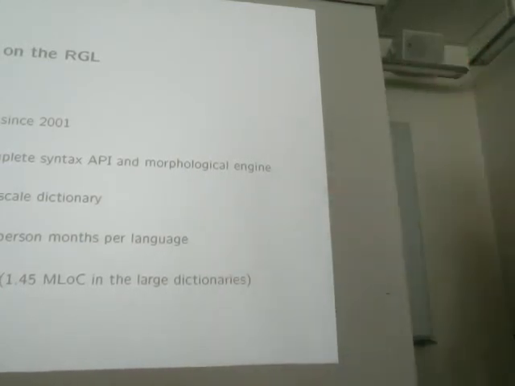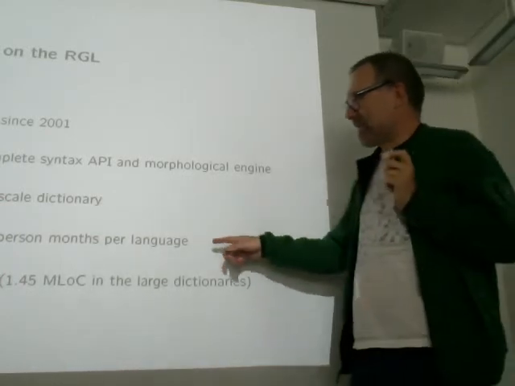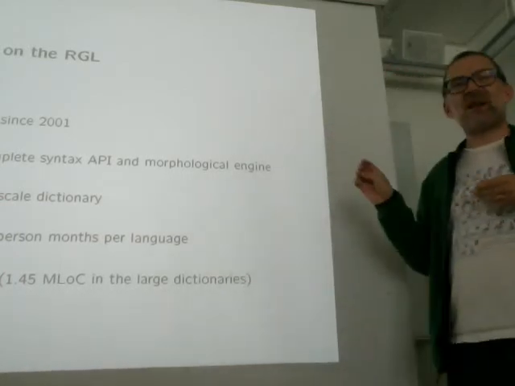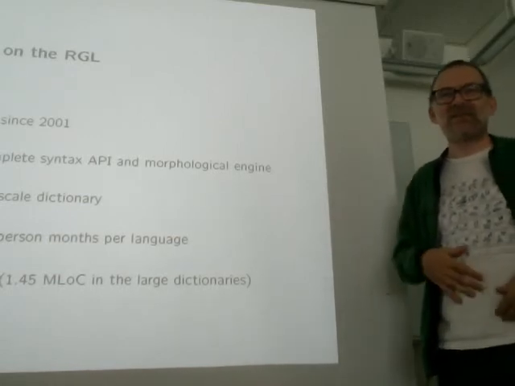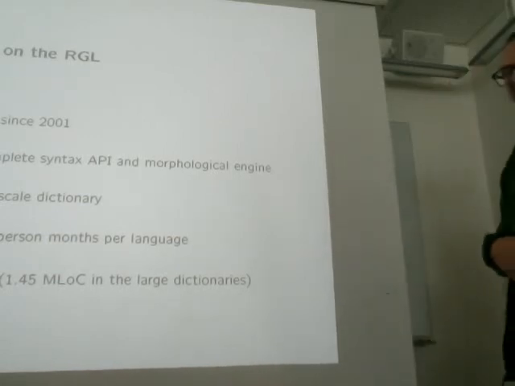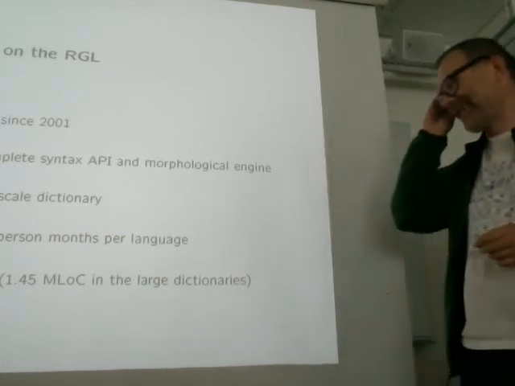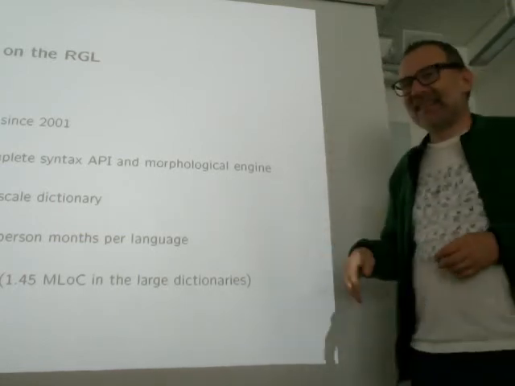We have had at least 40 contributors, and implementing this for one language, in the beginning it was a couple of years maybe, but now it's down to 3 months usually for a master's student. It's a perfect topic for a master's thesis. That's what we say as well.